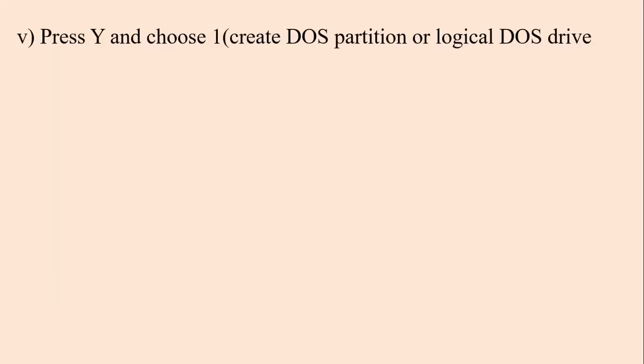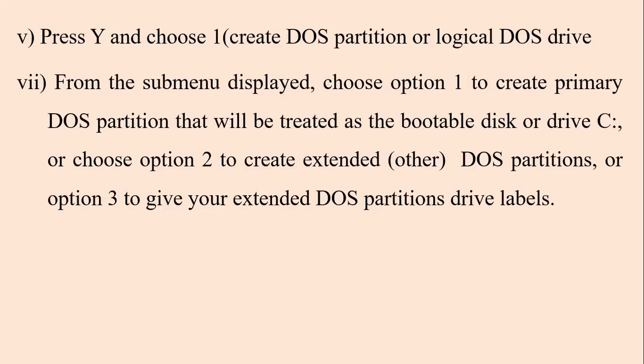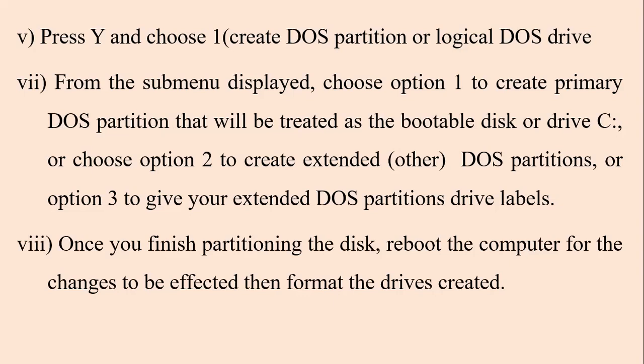Press Y and choose one, that is create DOS partition or logical DOS drive. Then from the submenu that will be displayed, choose option 1, which is to create primary DOS partition that will be treated as the bootable disk, or drive C, or choose option 2 to create extended, that is other DOS partitions, or option 3 to give extended DOS partitions drive labels. Once you finish partitioning the disk, reboot the computer for the changes to be effected, and then you format the drives that you have created.